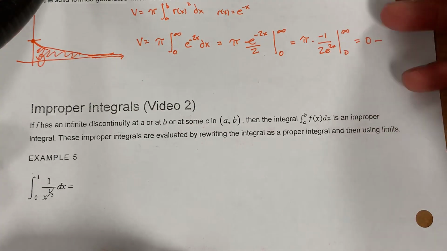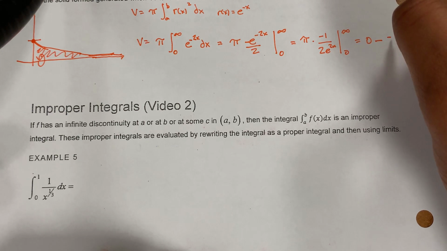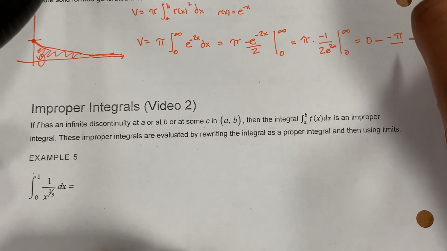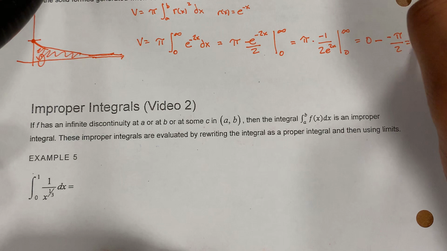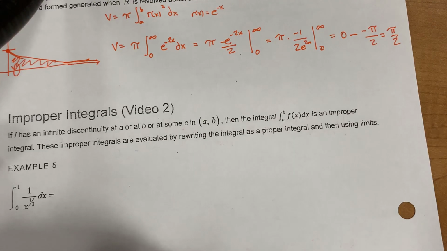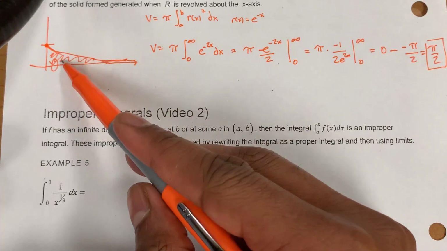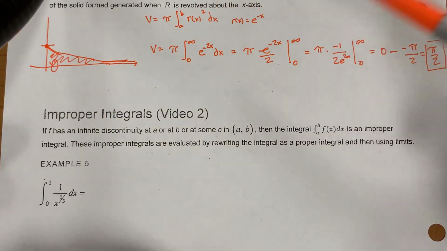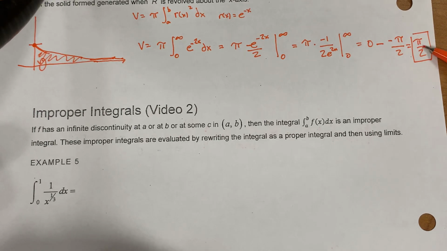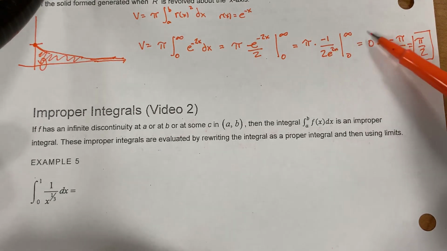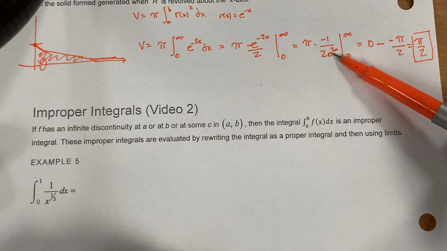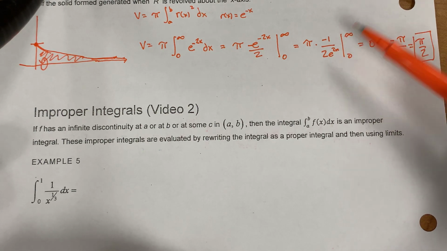And so we're just going to have minus negative pi over 2, which is just pi over 2. So the volume that this curve generates out to infinity is pi over 2, again because the first part of the integral converges to 0.